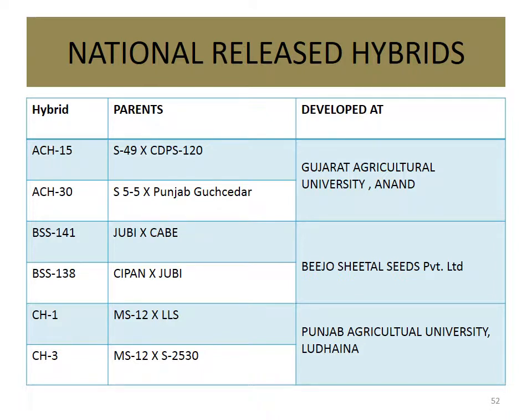ACH15 and ACH30, both were released from Gujarat Agriculture University, that is Anand. Then from Bioseed Sheetal Seeds Private Limited, BSS 141 and BSS 138 were the popular ones. From PAU Ludhiana, CH1 and CH3.